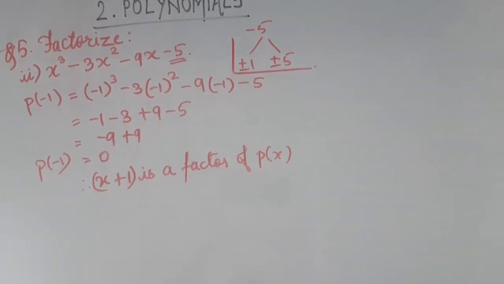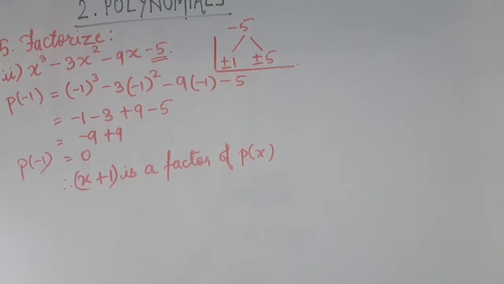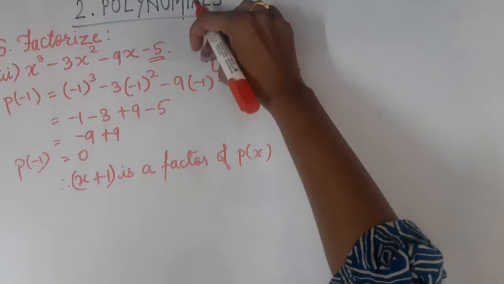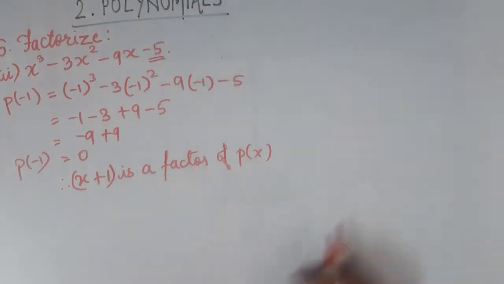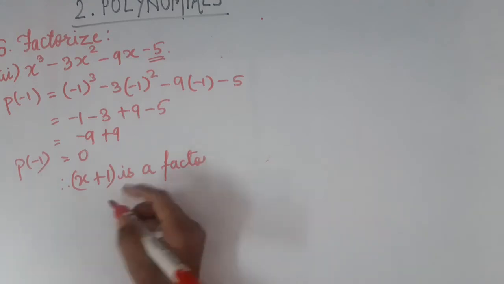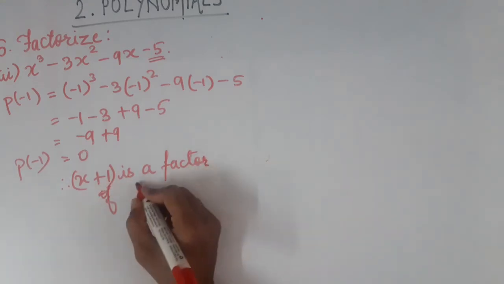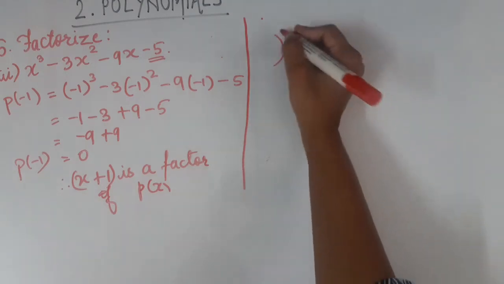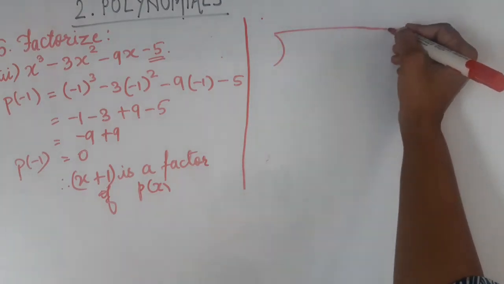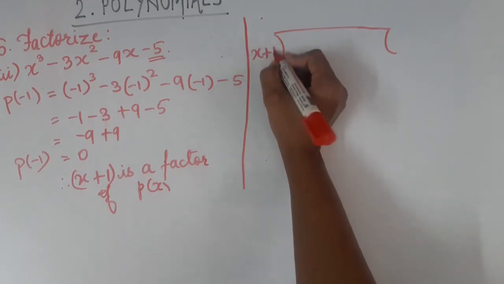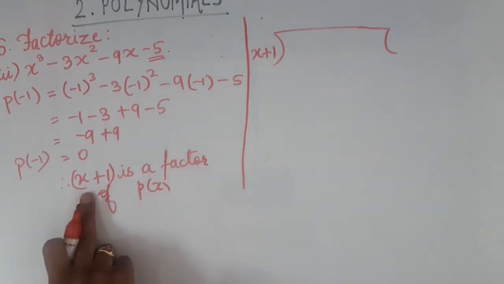So let us do the division this side. Okay. So divide. Your divisor is x plus 1, the factor.